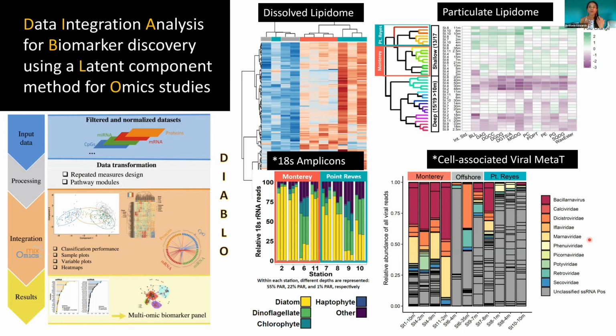What DIABLO does is it maximizes the common or correlated information between multiple data sets and identifies the key omic variables that explain and reliably classify our samples as either from Monterey Bay, from Point Reyes, or from offshore sites. So we can take all of these omics and incorporate them into our analysis.